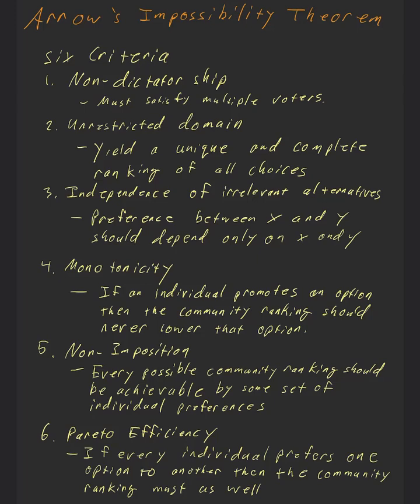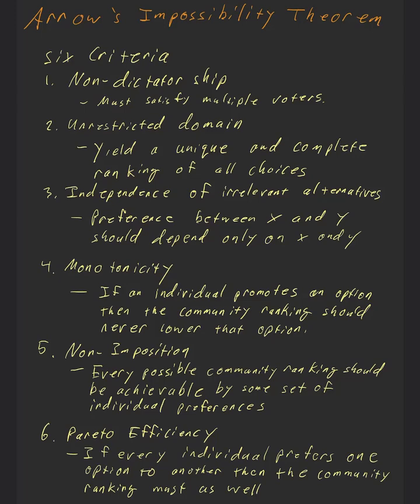Second is what he calls unrestricted domain. This is simply that a voting system has to yield a unique and complete ranking of all choices. So the system actually has to be able to tell what the voting outcome would be, right? If it doesn't yield a unique or complete ranking, it's not an actual system for choosing, because it could leave you in a tie, therefore giving you no outcome, no choice happening.